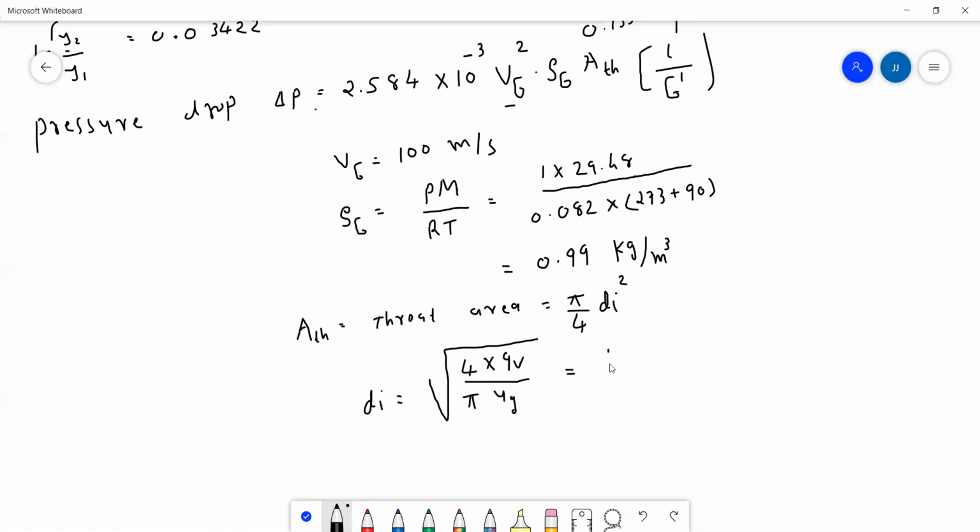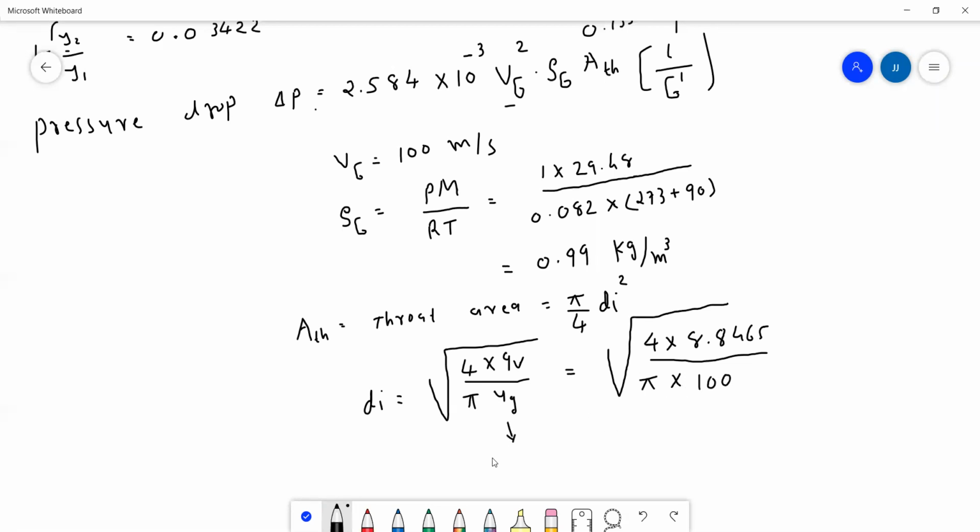So this is equal to the square root of 4 into the flow rate of gas, which is 8.8465, divided by pi multiplied by UG, the gas velocity, also given, the throat velocity of the gas phase, which is equal to 100.